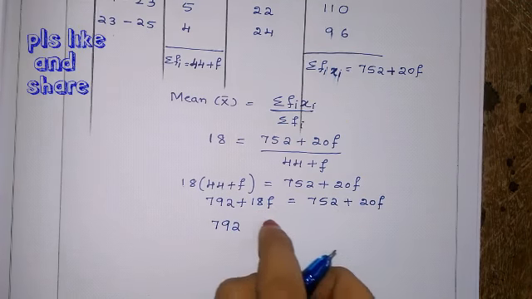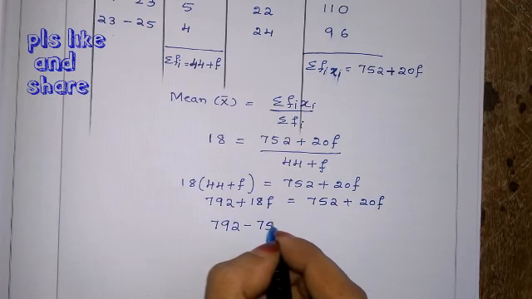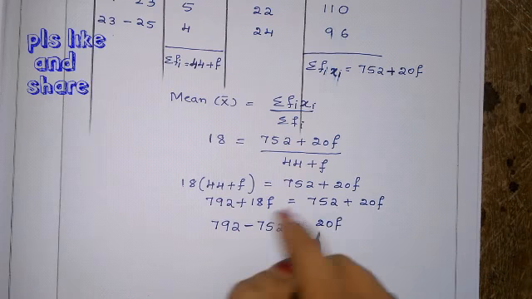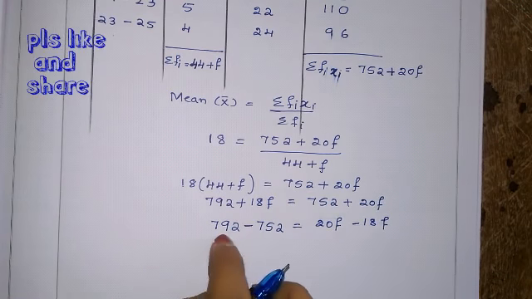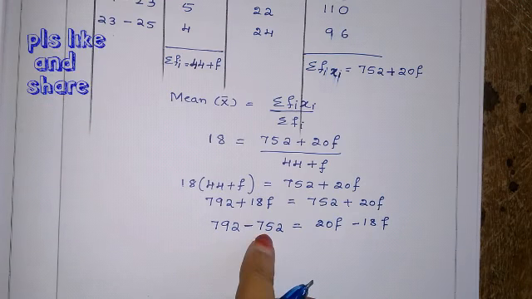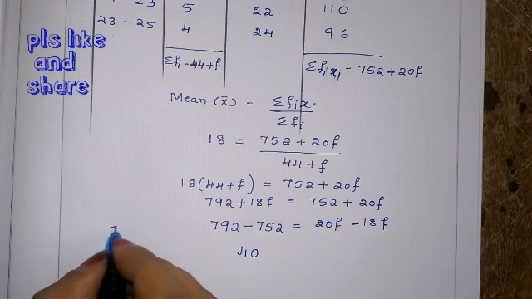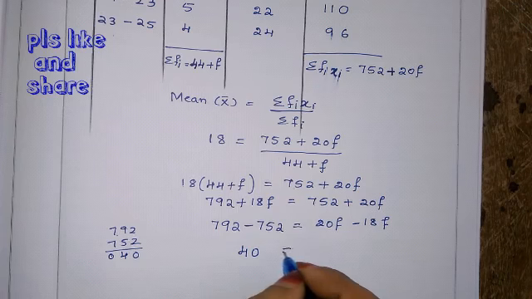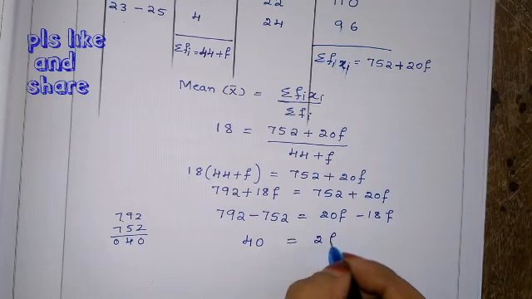Now numbers we will bring one side and f terms we will bring one side. That is 792; 752, if I bring here, becomes minus, since it is plus there. 20f I am writing here only. If we bring 18f that side, it becomes minus 18f. Now 792 minus 752 is 40: 2 minus 2 is 0, 9 minus 5 is 4, so 40. 20 minus 18 is 2f.